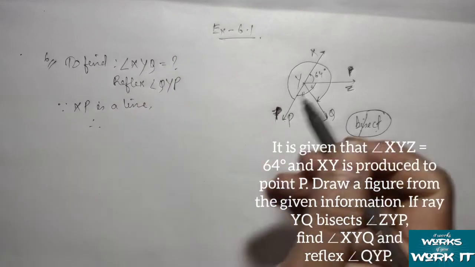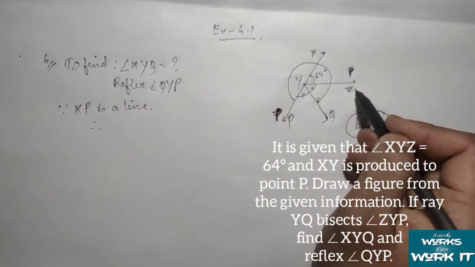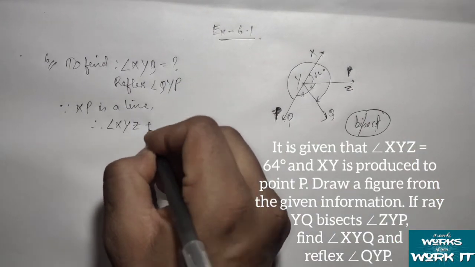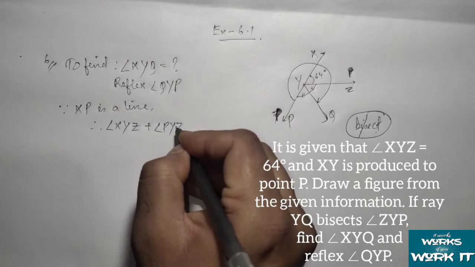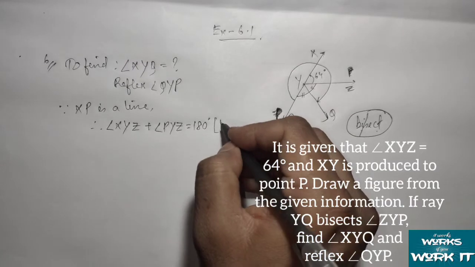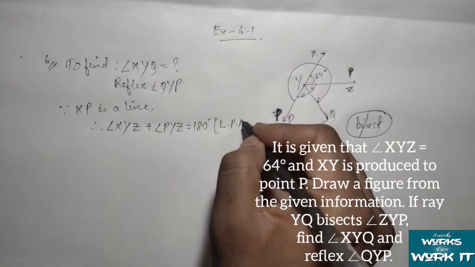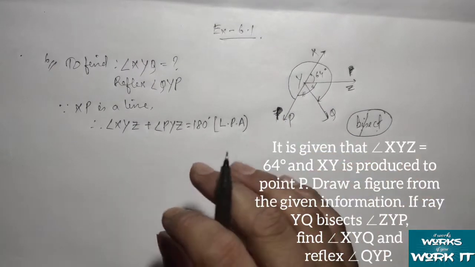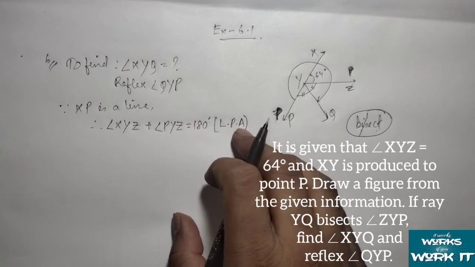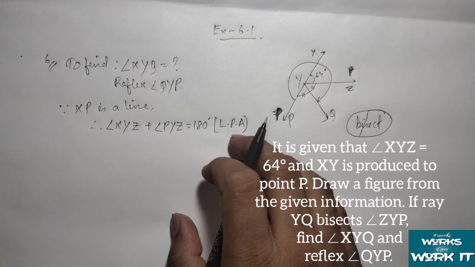Therefore angle XYZ plus angle PYZ is equal to 180 degrees. And what we need to write? Linear pair axiom, as I have already written in my earlier video. So directly, in short form I have written it here, but you need to write the full form.